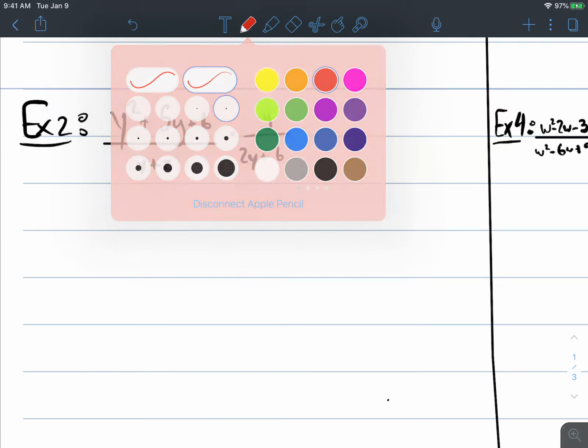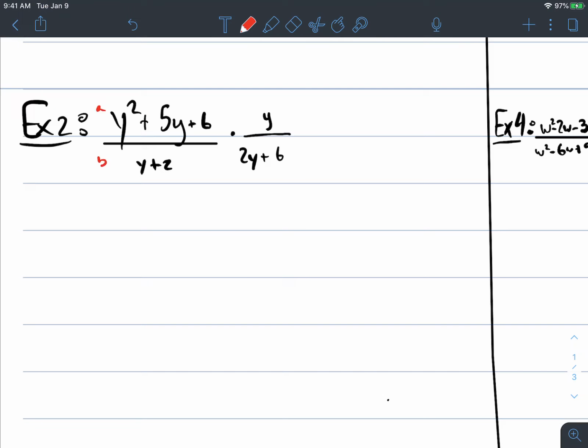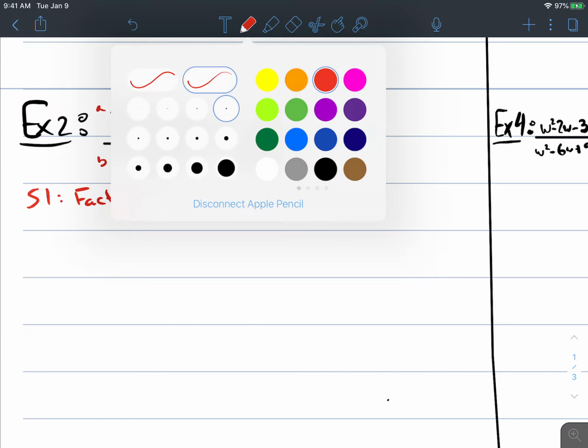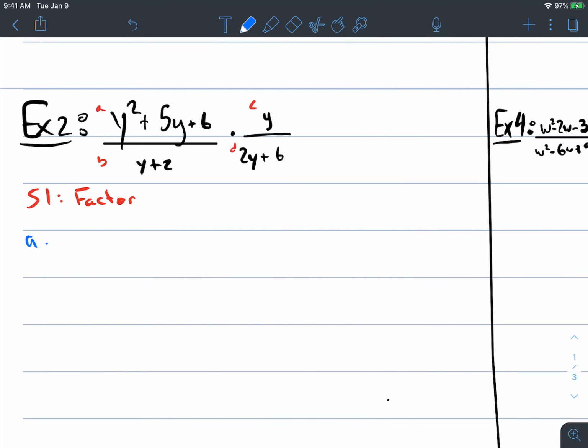All right. So we're going to go over here. And remember, we're just going to label these. I like labeling A, B, C, and D. And then step 1 is factor, right? So what I'm going to do is just relabel them. So A is equal to y squared plus 5y plus 6. And we're going to factor that.